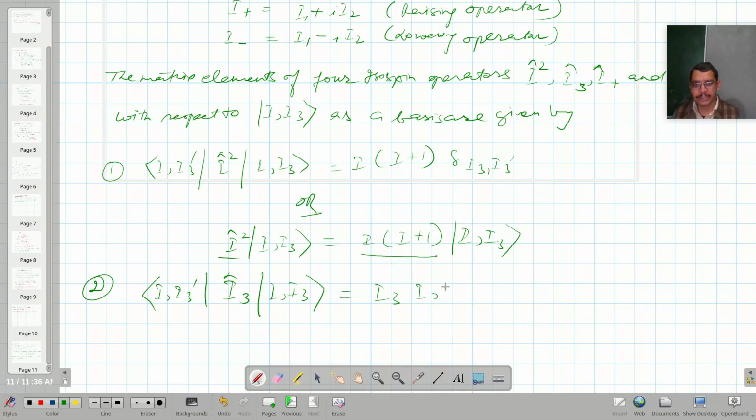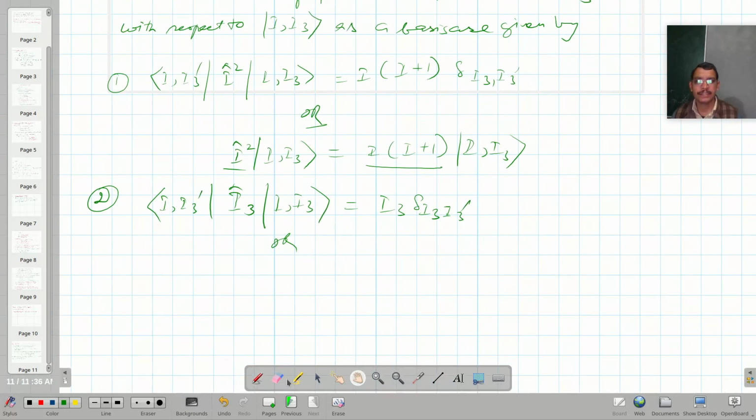So it is delta I3 prime, or we can write it in this way, or another way is this: I3 is equal to I3 I3, right?